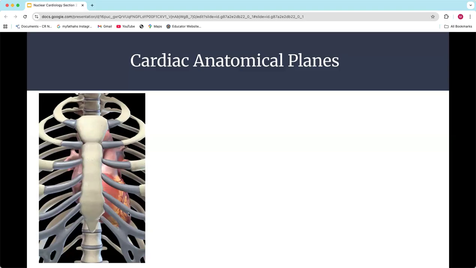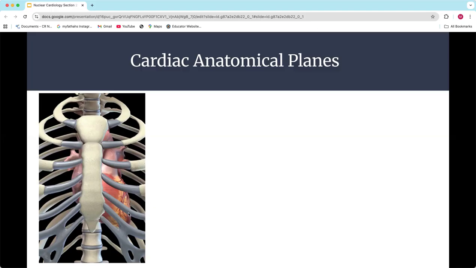So the apex comes out a little anterior, and the base goes a little posterior. But then the other difference is that the actual heart is turned slightly to the left, so that the anterior wall of the heart is slightly to the left. Okay, so it's almost like it's at a 45-degree angle. So the anterior wall of the heart does not sit in the same plane as, say, the anterior wall of your chest. So it's going to be slightly turned, almost like a 45. So turned to a 45, apex to the front, base to the back.